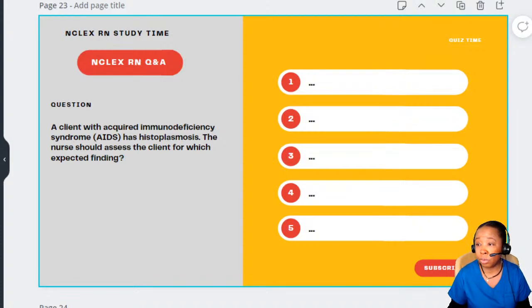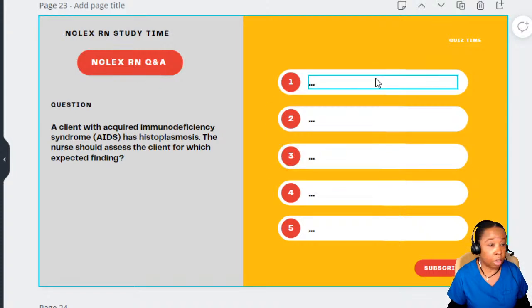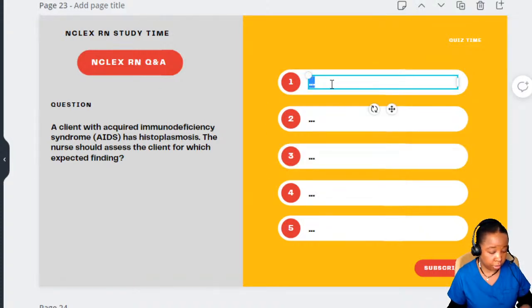What do you guys think will be the answer? Let me give you the options. Normally, before I add the answers, I want to tell you histoplasmosis is some kind of fungal infection.